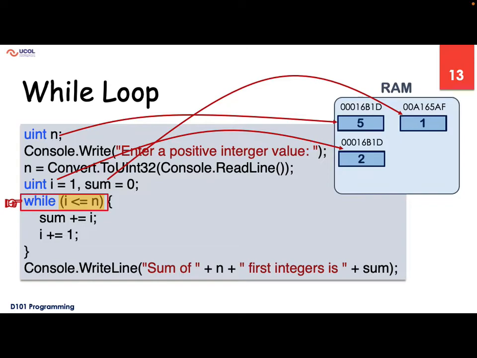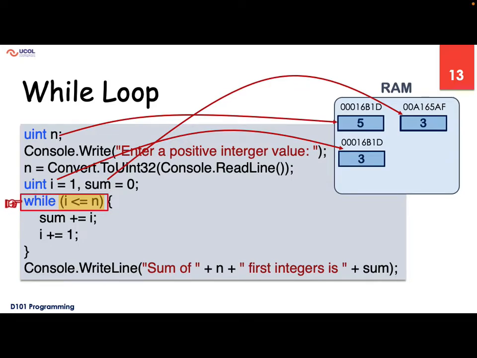Again check the condition, 2 is less than or equal to 5, yes. Increase the value of sum, 1 plus 2 becomes 3, and then we increase the value of i, make it 3. End of the loop, go back and check the condition again.